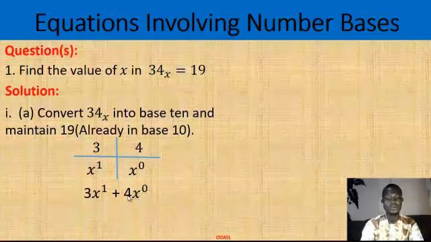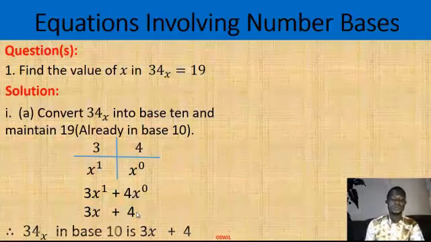So here would be 4 times 1. Therefore, we have 3x plus 4, as you see on the screen. Therefore, 3, 4 base x in base 10 is 3x plus 4. There is nothing you can do to it again.